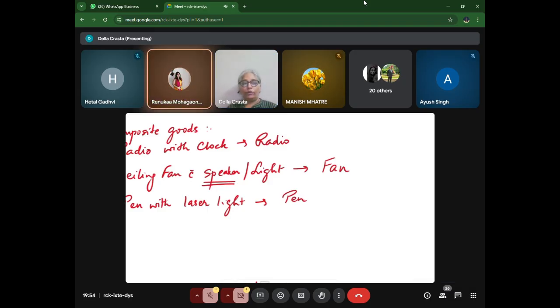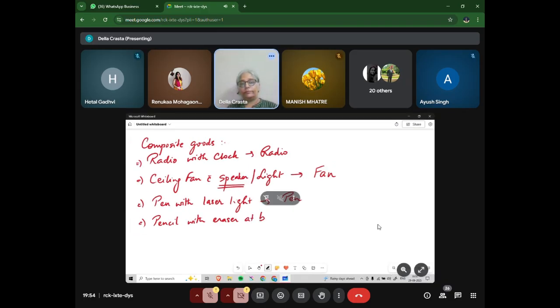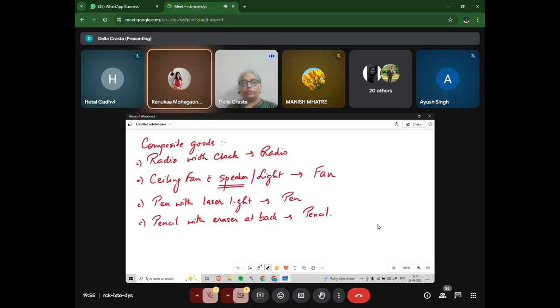Okay, pencil with an eraser at the back. What's the essential character? Pencil. So you see, these are your composite good types. You don't identify them differently. You identify them with the article which gives the main character of that entire article.